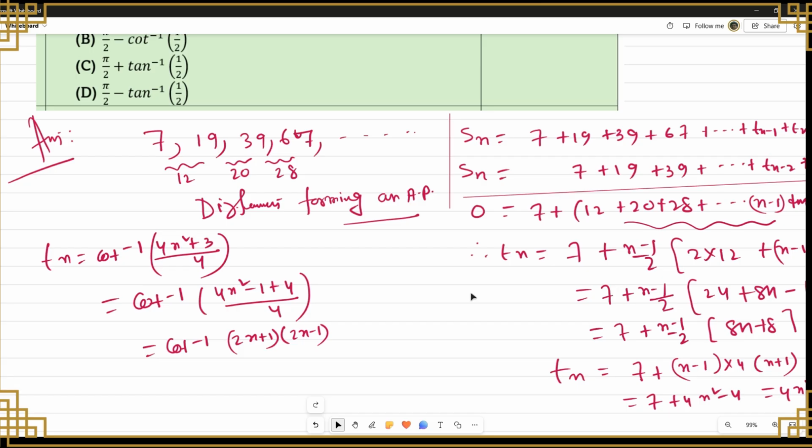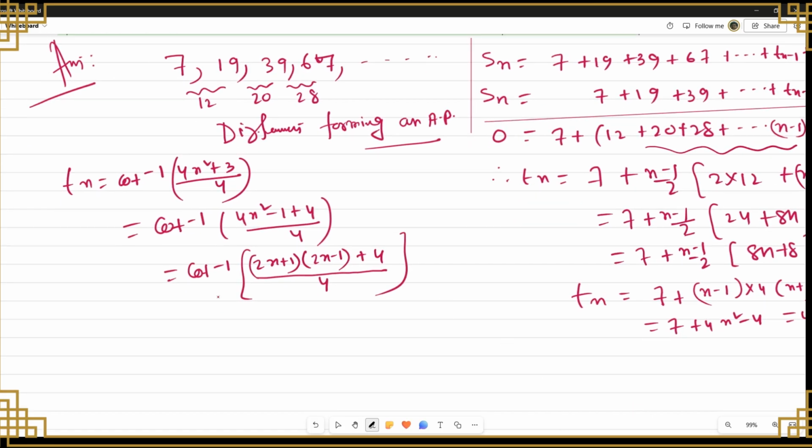And outside there is cot inverse. The addition of two cot inverses is cot inverse of ab plus 1 by b minus a, something like that. Will I get that form? Check. If I don't get it, I have to use a crooked method, divide by 4. If you divide by 4, it comes to be n plus half, n minus half plus 1. And this is 1.